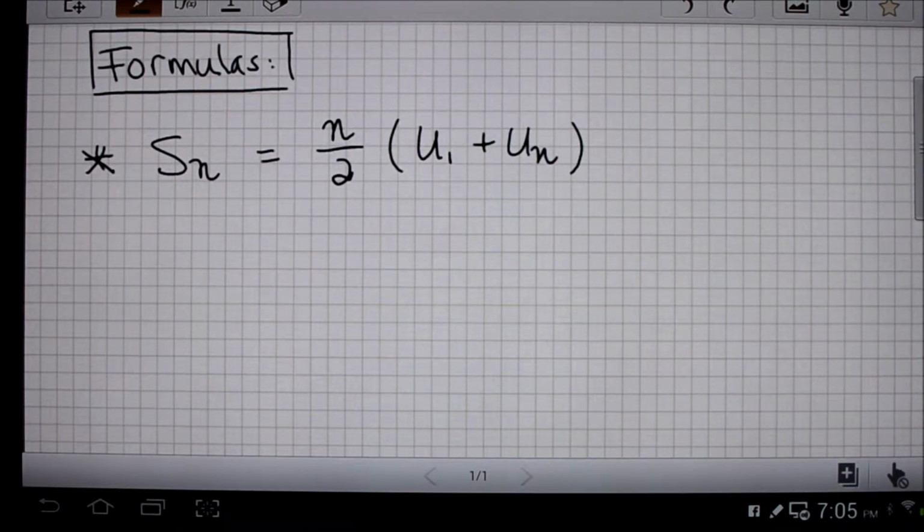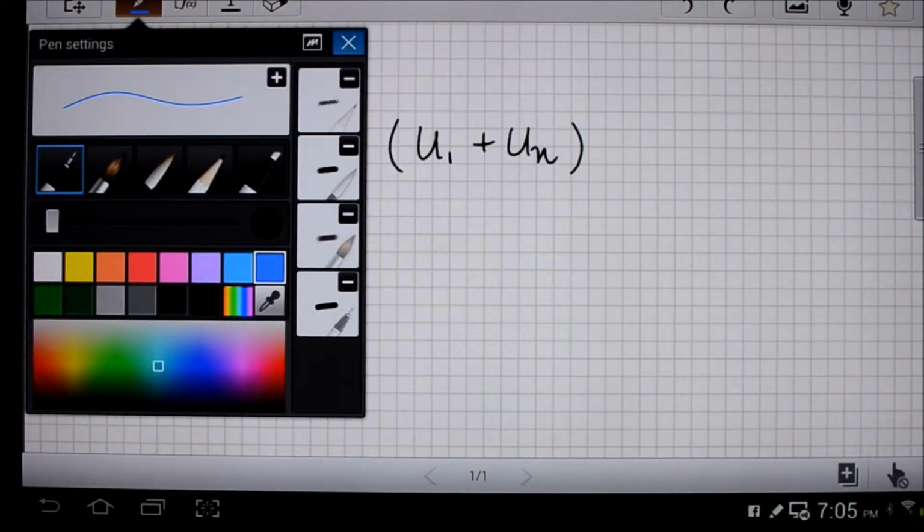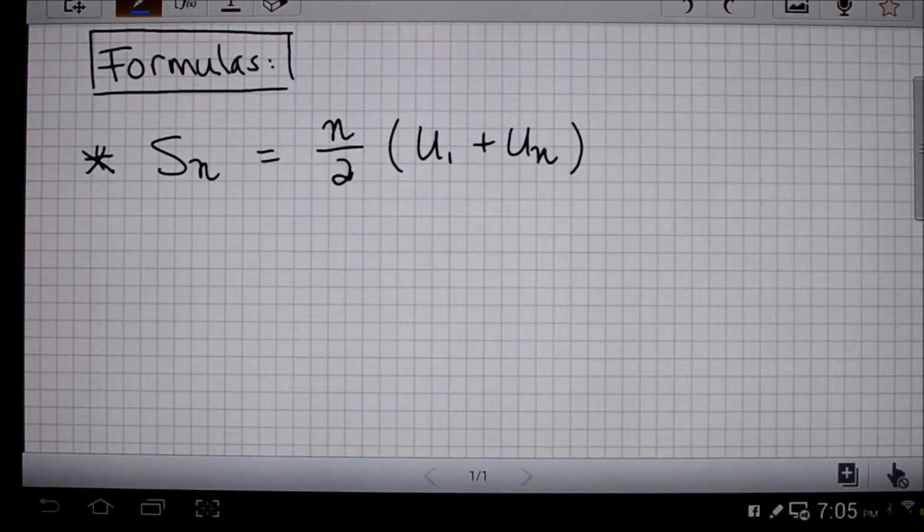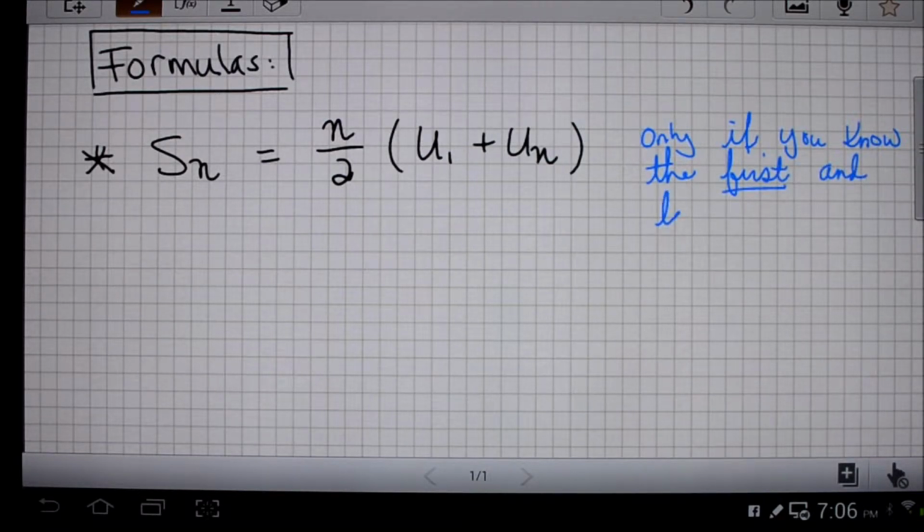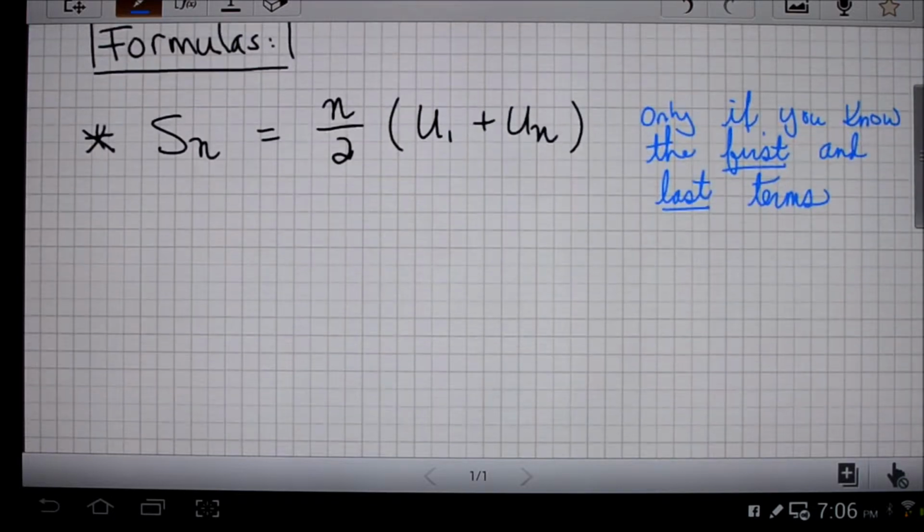So this formula would be used if you know the first and last terms, in that particular sequence.